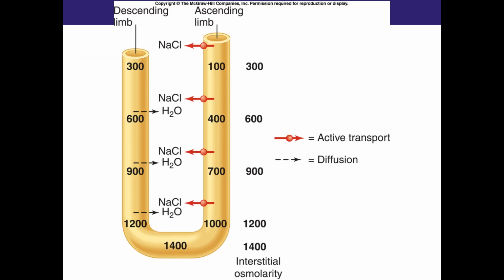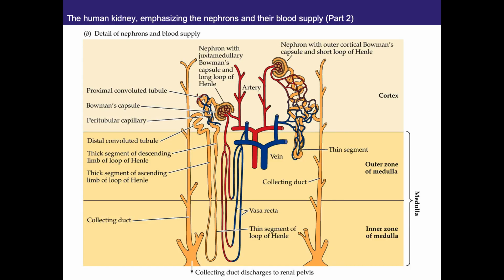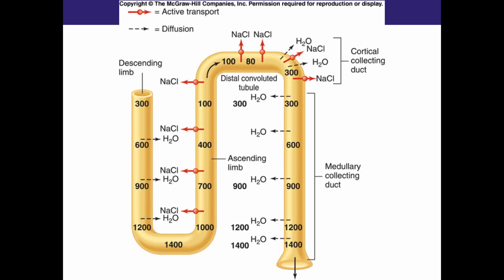The main thing here is to realize that the loop of Henle is a countercurrent multiplier because of these active transport properties, that's what these red ones are here. But the vasa recta is all about passive transport, passive diffusion, passive osmosis. No energy is required with the vasa recta, right?